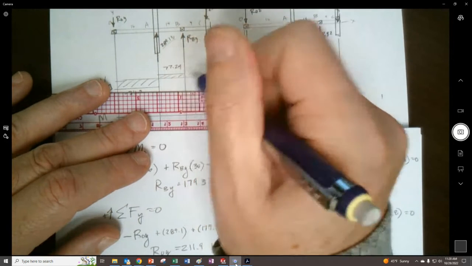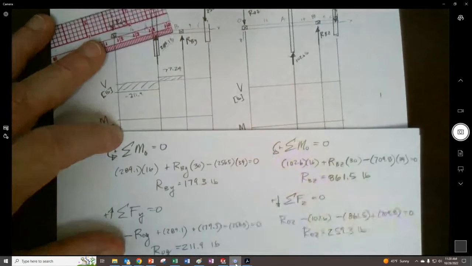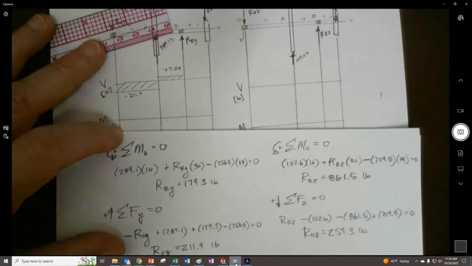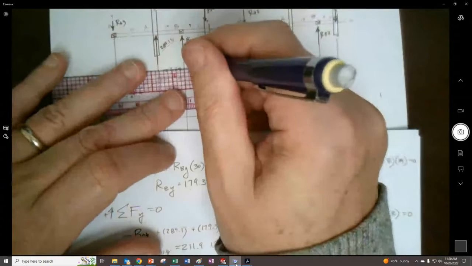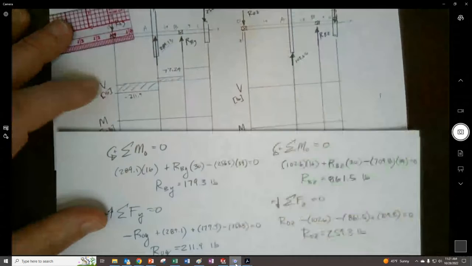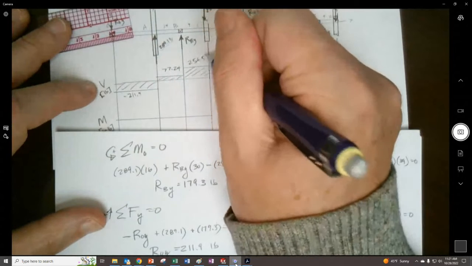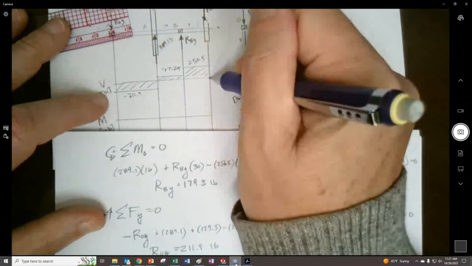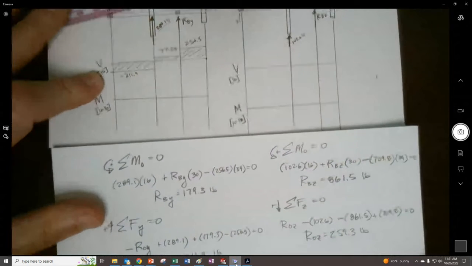And then we're going to go up even further by adding in 179.3. And so we go up, and this better be equal to 256.5, and sure enough it is 256.5. Because that's coming downwards, and it needs to bring it back to 0. If it doesn't go back to 0, you did your statics wrong.